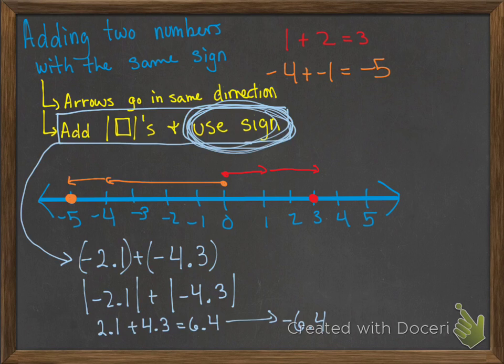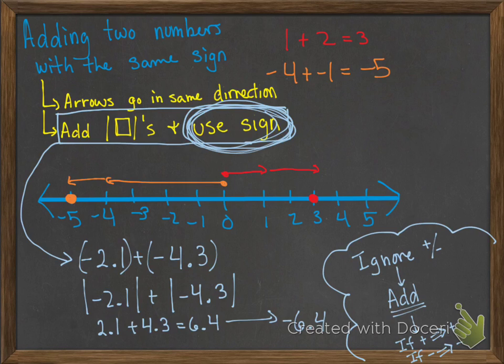All right. I think it's a little bit easier when you think about it in these steps. You ignore if the numbers are positive or negative. You add them together, and then if the numbers are positive, you keep the positive sign, and we don't write that in. Or if the numbers were negative, you throw a negative sign on it.